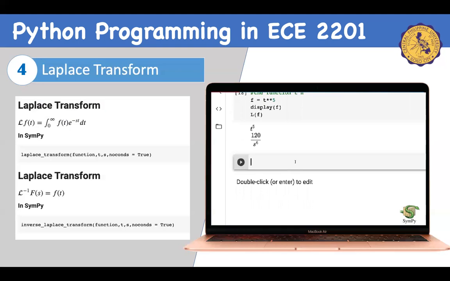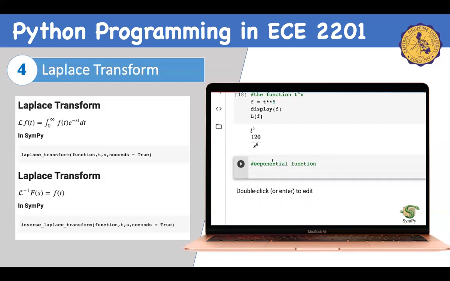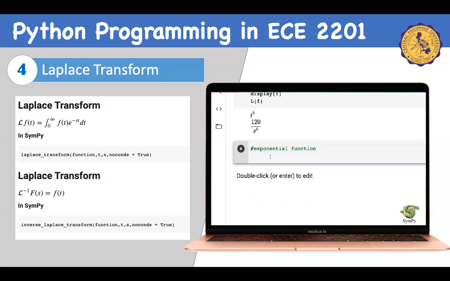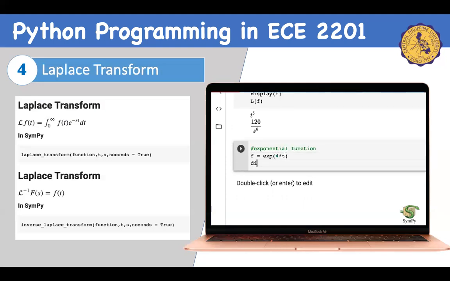Okay, let's try one more. This time we go to the exponential function. Okay, exponential function, let's say f equals e raised to 4t.